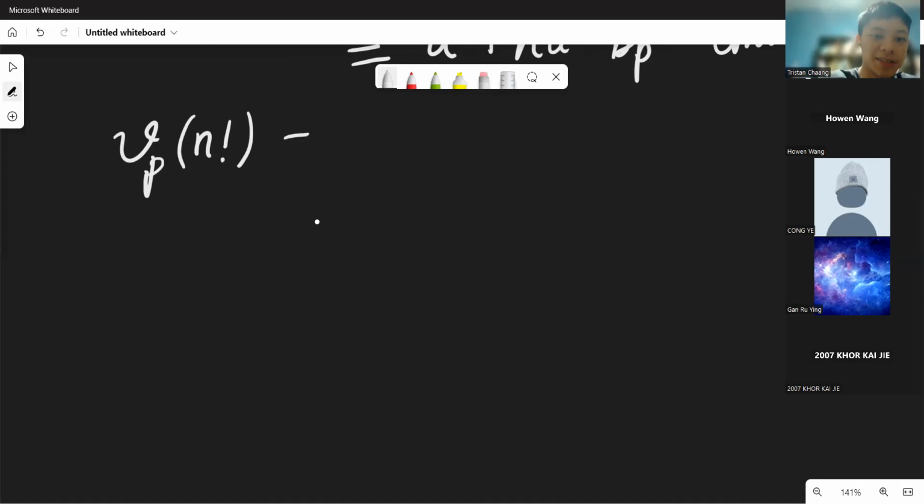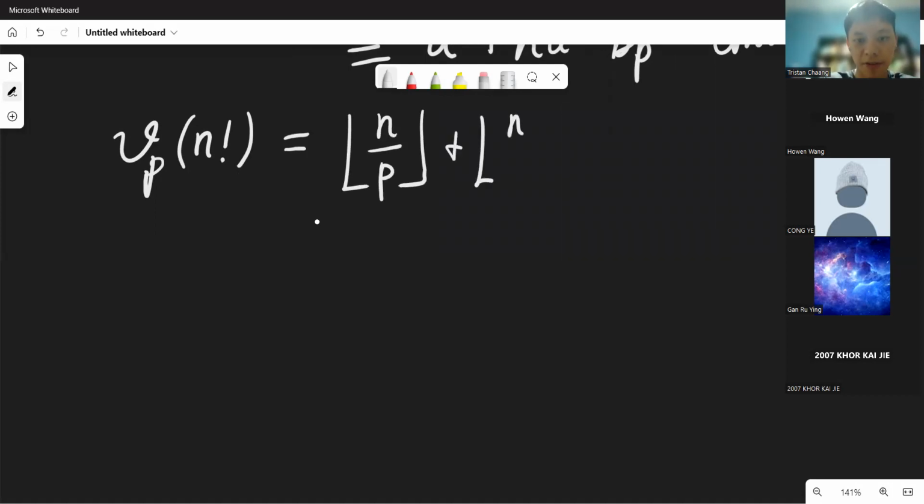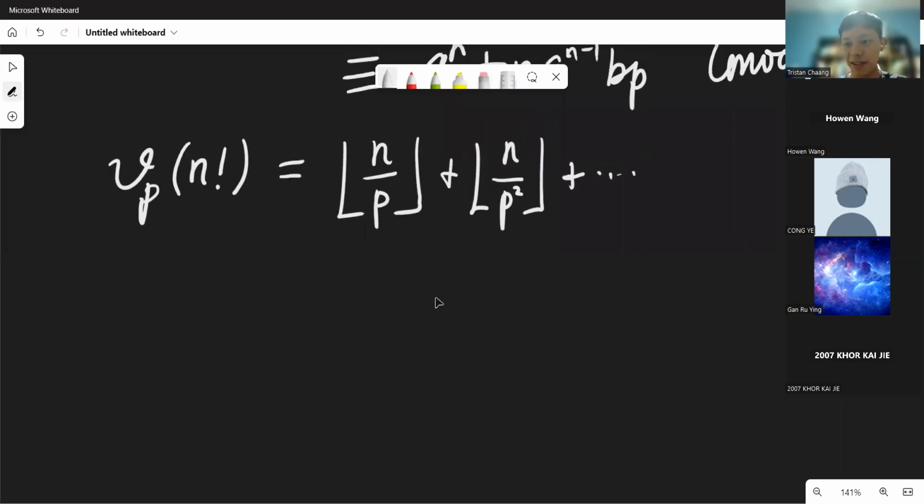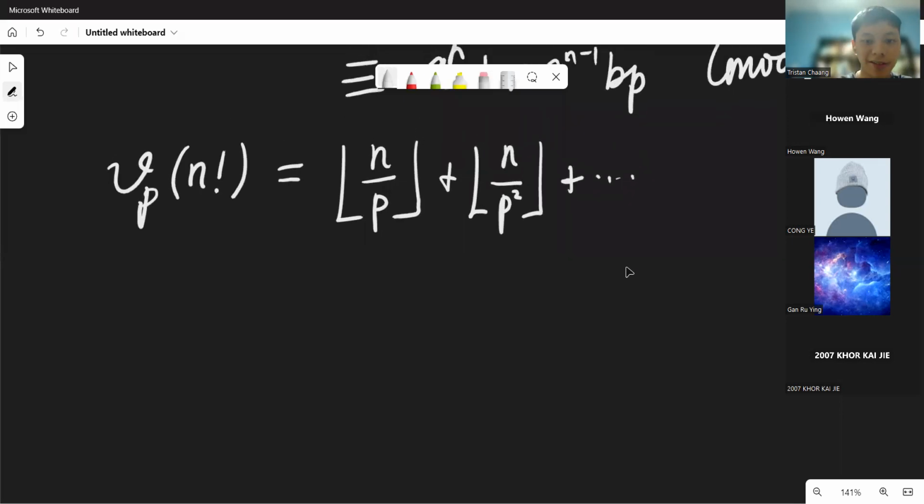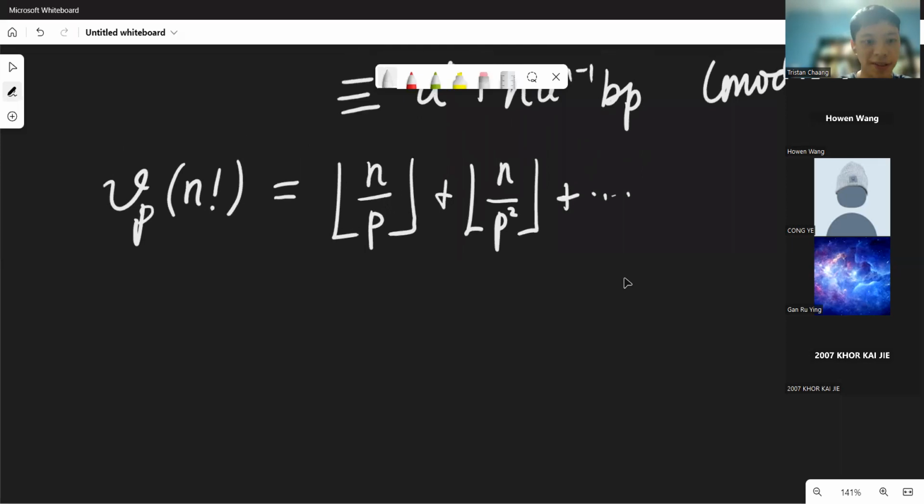So this is just n divided by p floor function plus n divided by p squared floor function, and so on. Well, technically until infinity, because you would stop at some term anyway when the powers of p get larger and larger. At some point, everything else will become 0. So it doesn't hurt to say this sum goes to infinity.